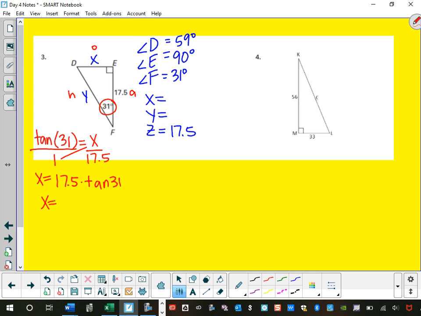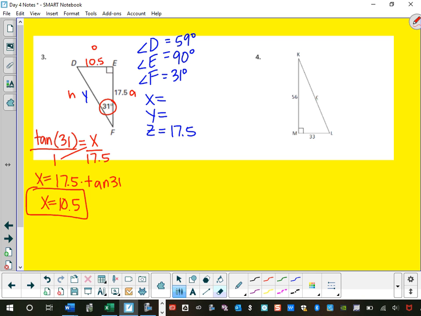Let's see if we type this in. 10.5. That's X, we got the first one. If you wanted to erase the X, you could write in 10.5, but you don't have to.